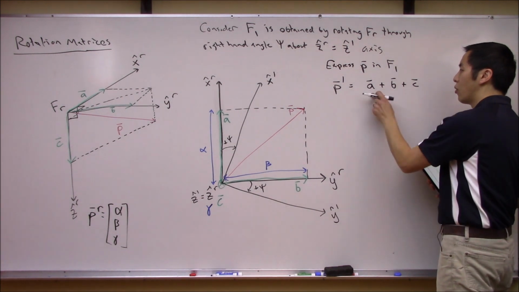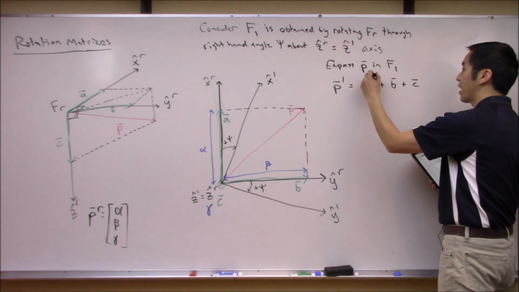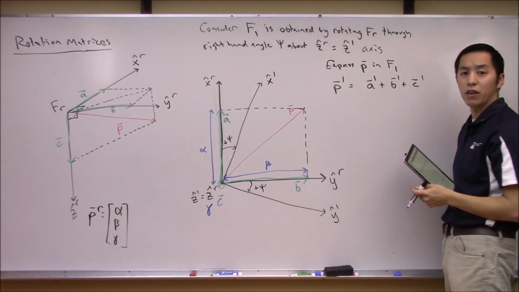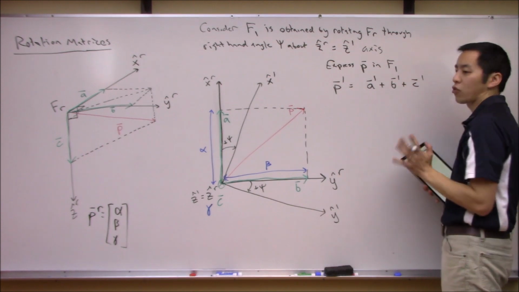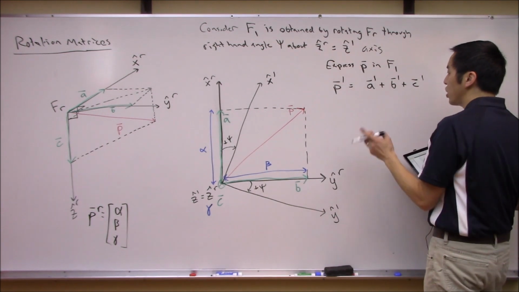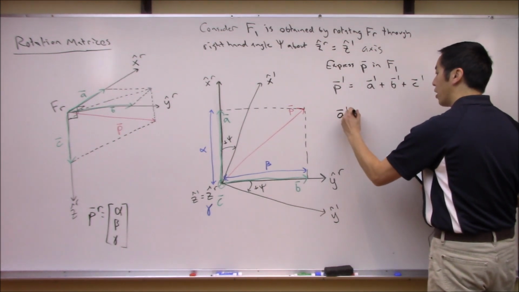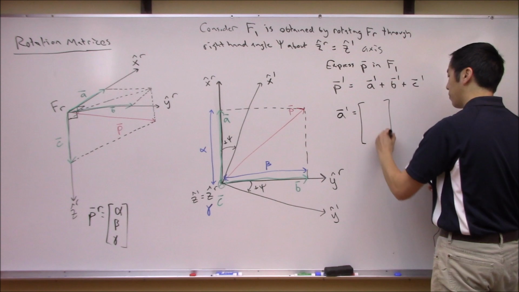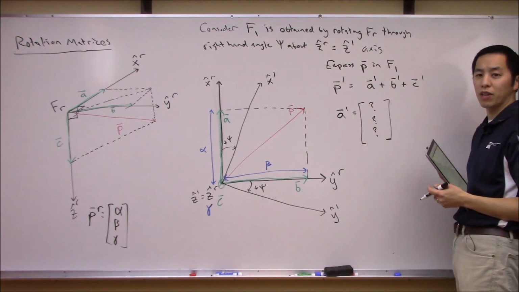So again, in order to make the left-hand side numerically equal to the right-hand side, I have to put a 1 superscript on all of these components, because I want to describe all of these from the 1 perspective. So the question now becomes, just like we did earlier, what is A1? It's question mark, question mark, question mark. There are 3 numbers I have to stick in here.